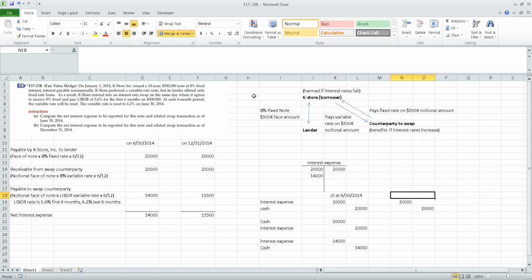Then here's the JE at 12/31/2014. So that entry is going to be the same. The second entry is going to be the same. And the third entry here, now, rather than being 14,000, is going to be 15,500.